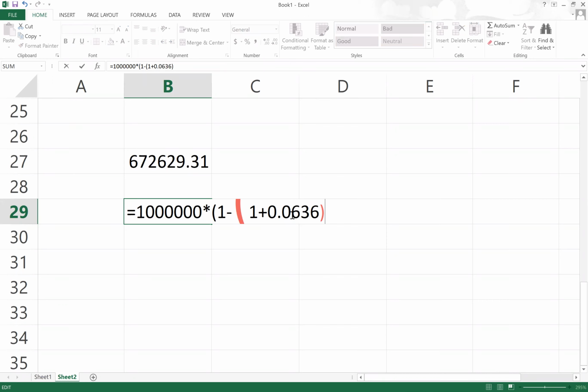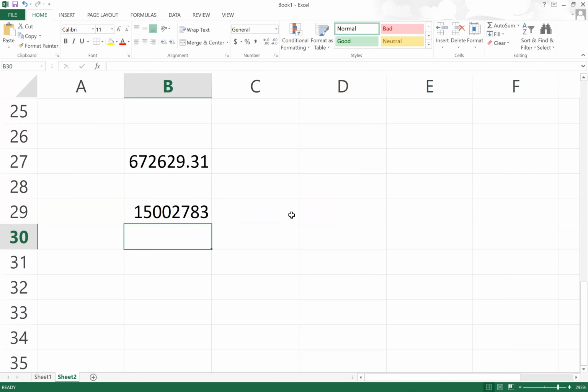Okay, close parentheses and raised to the negative 50 power, and divided by the denominator, which should be 0.0636. And let's do it. Here you go.